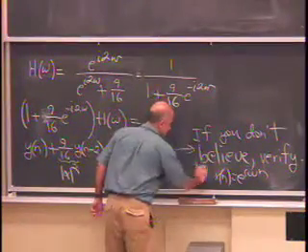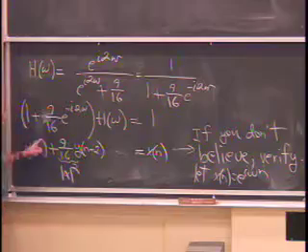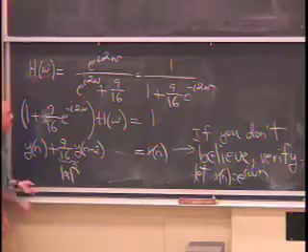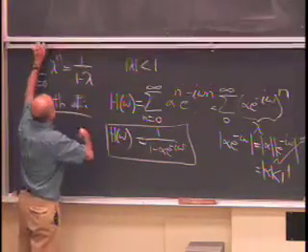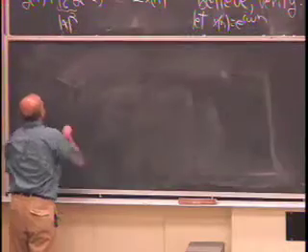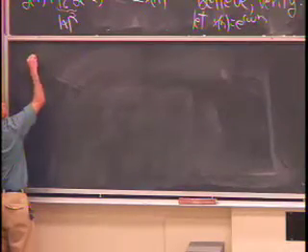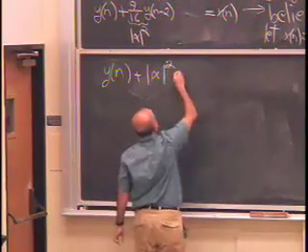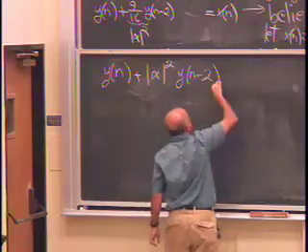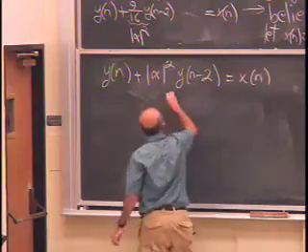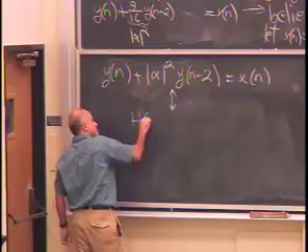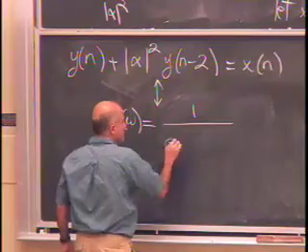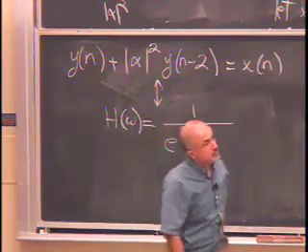Let x be that. y of n will be H times e to the i omega n. Plug it in there and you'll get the same thing. So the equation that gives that filter is this one. This would correspond to H of omega equals 1 over e to the, no, what did we have?